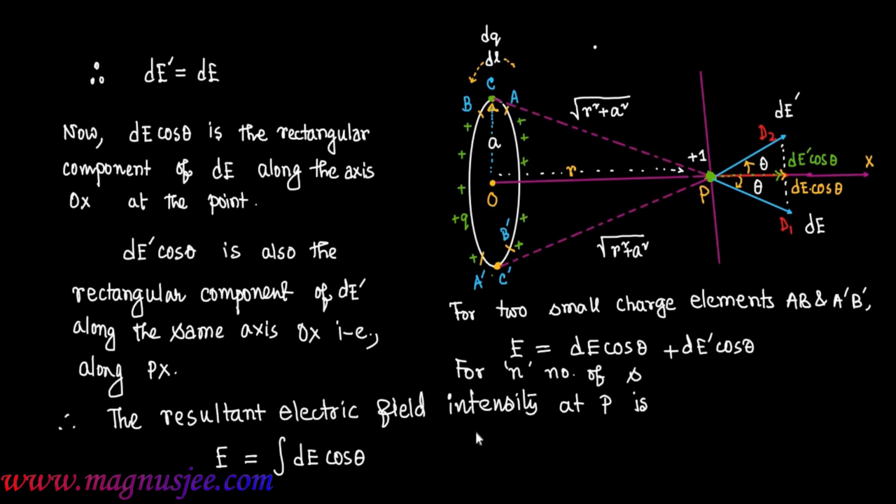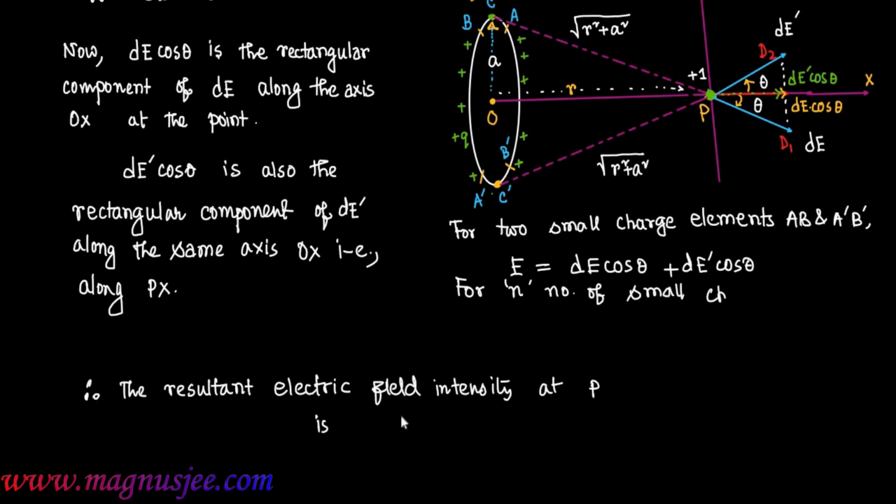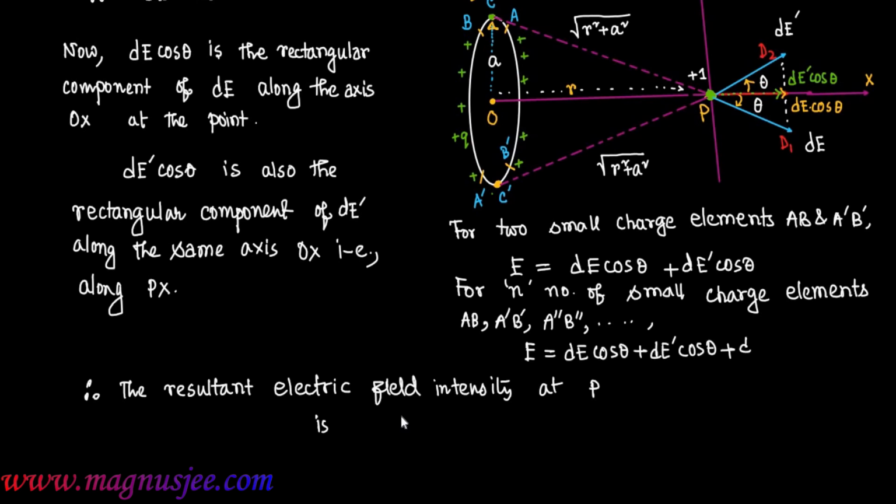Again, for n number of small charge elements AB, A prime B prime, A double prime B double prime, and so on, of the ring, E equal dE cos theta plus dE prime cos theta plus dE double prime cos theta plus so on, which can be written as integration dE cos theta.